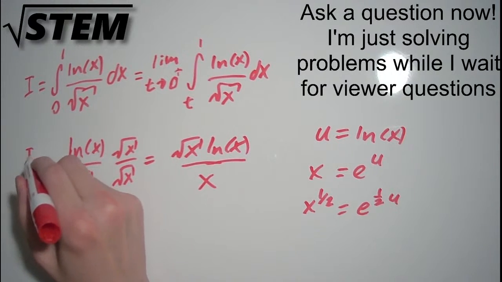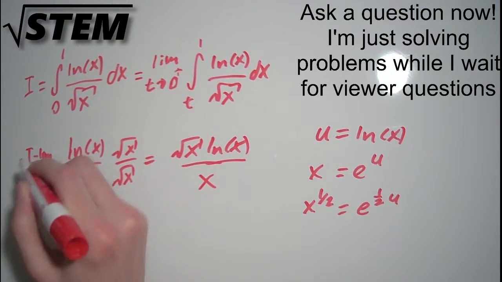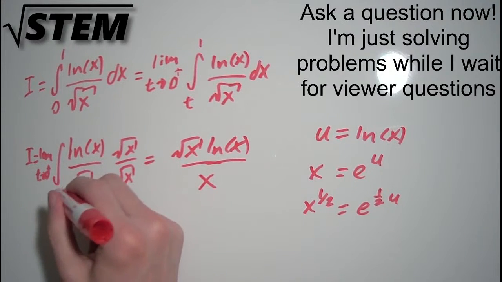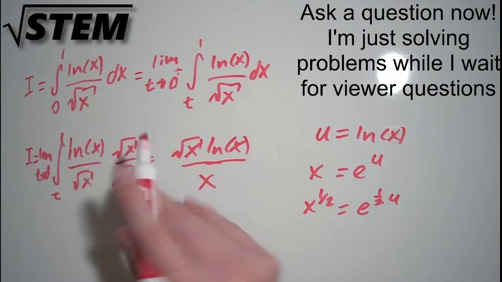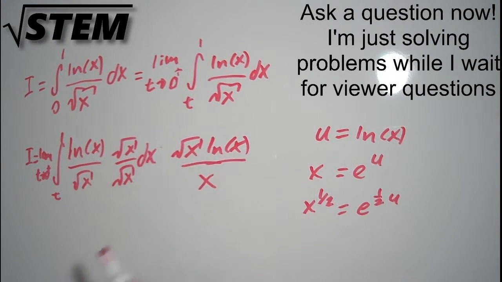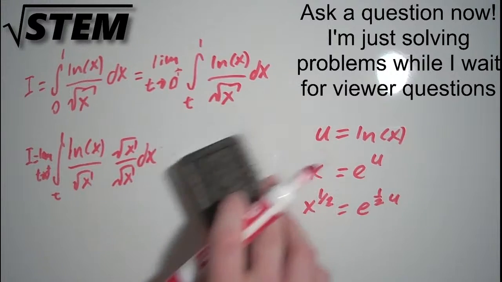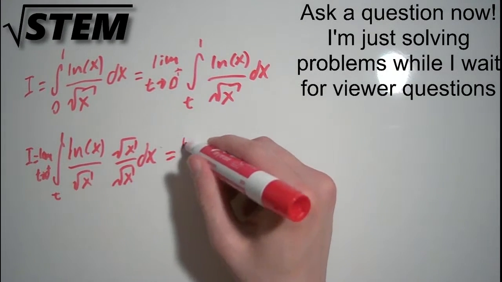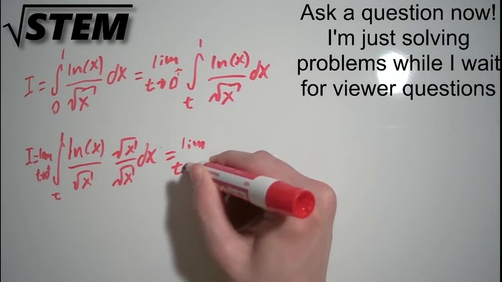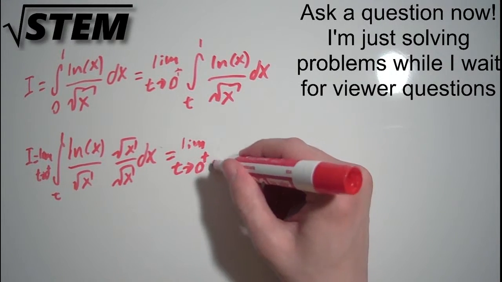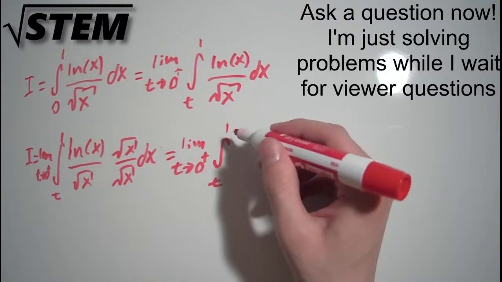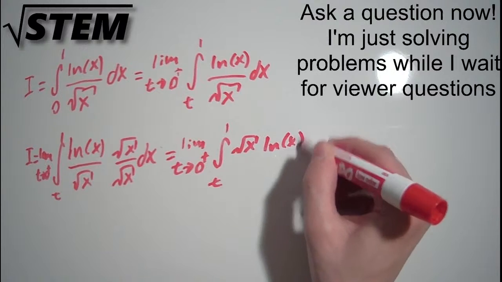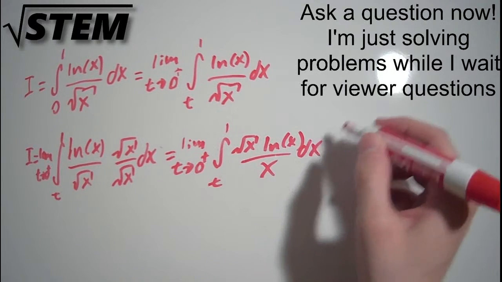So let's say I equals the limit as t goes to 0 from the positive, from t to 1 of this dx, and that equals the limit as t goes to 0 from the positive from t to 1 of the square root of x, natural log of x over x dx.